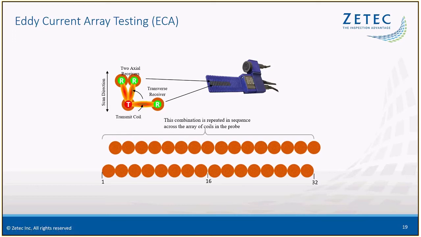This set of 3 transmit and receives occurs across the entire array, happening at a very fast rate as the instrument controls it. This is how you get that full coverage, very quickly scanning across, and as you progress forward in your inspection, you get the coverage.